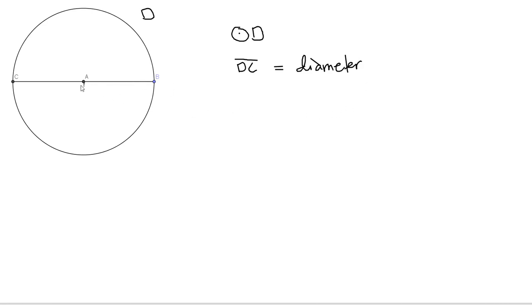The diameter always divides the whole circle into 2, and the half of it we call the semicircle. So the line and the arc BC is called the semicircle.